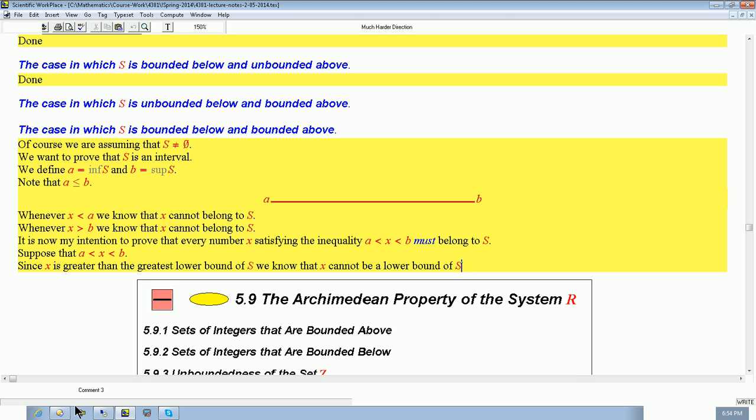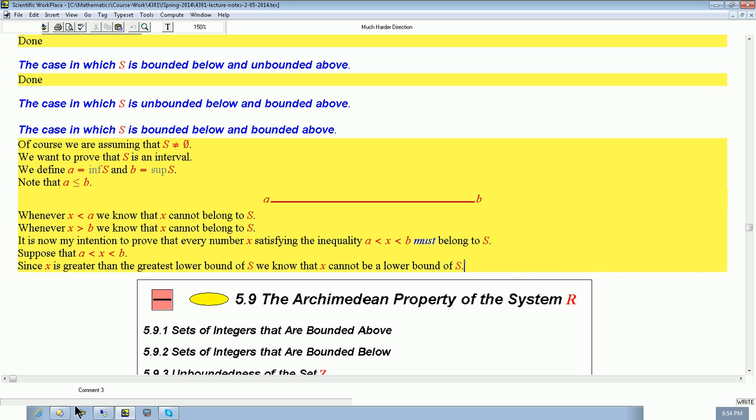What does that mean? I'm not going to write it, I'm saying it, but this is what you might write: this means that we know. What does it mean to say that a number is not a lower bound of the set? You've got to know the definition.